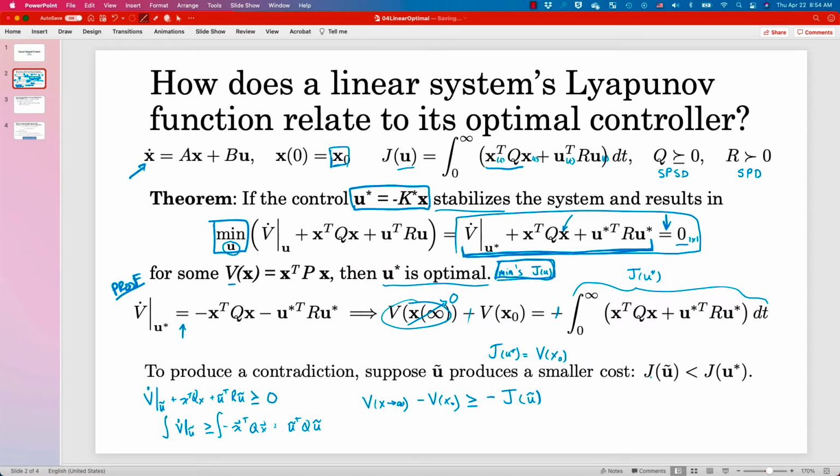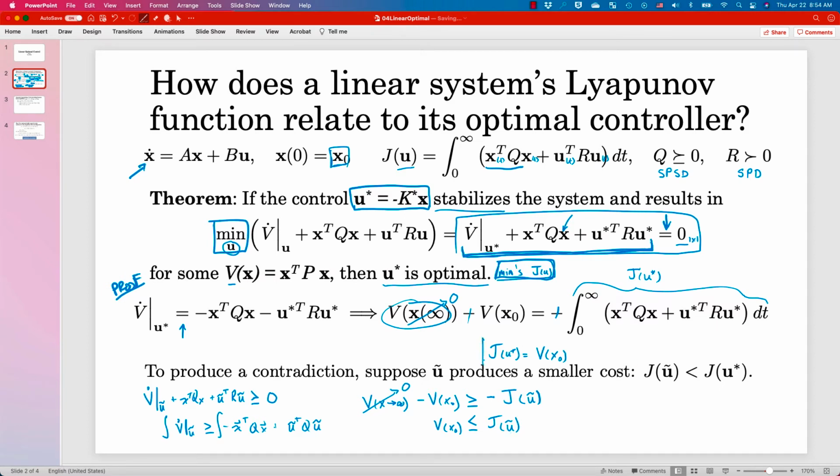If u tilde is going to produce a smaller cost, that means that u tilde also has to stabilize the system. Because if it didn't, then over infinite time, if the state never goes to 0, then we're going to accumulate an infinite cost. So this also has to go to 0 for the same argument that we had before. So this tells me that v of x0 is less than or equal to, because I multiply by -1, j of u tilde.